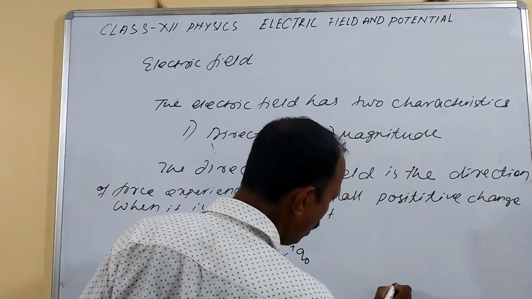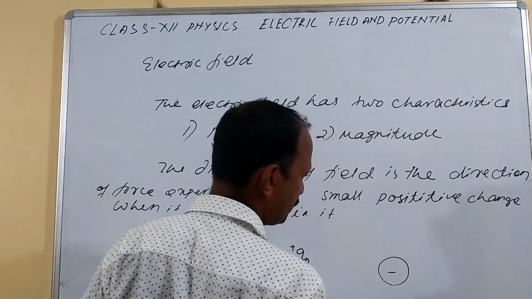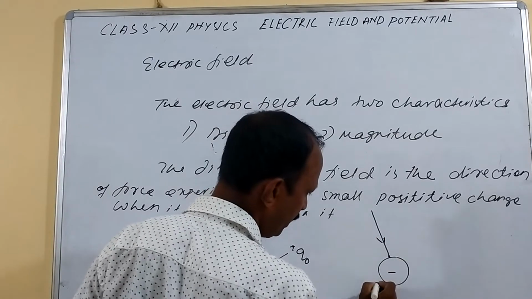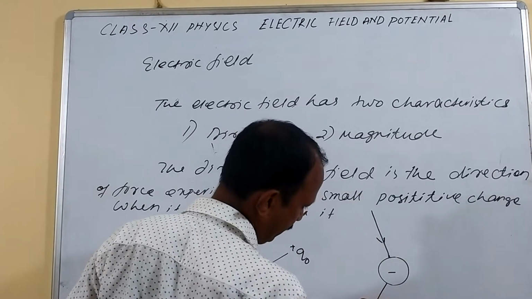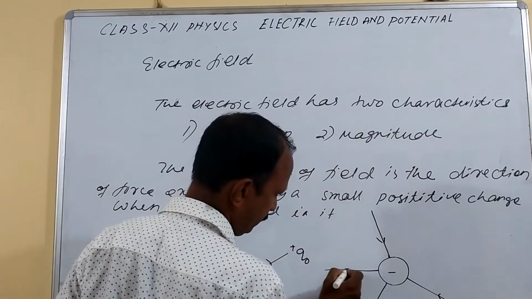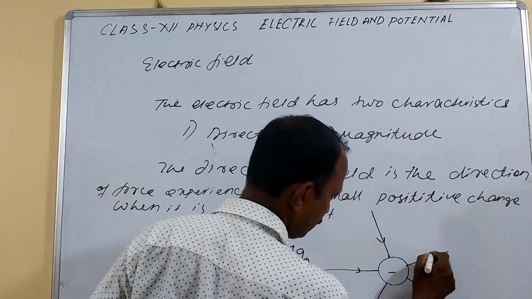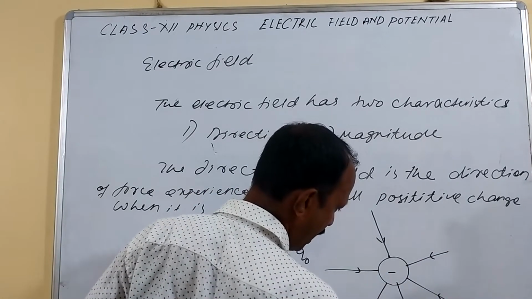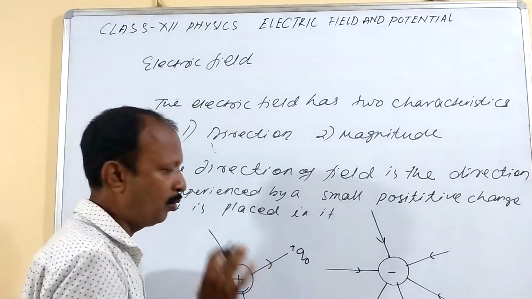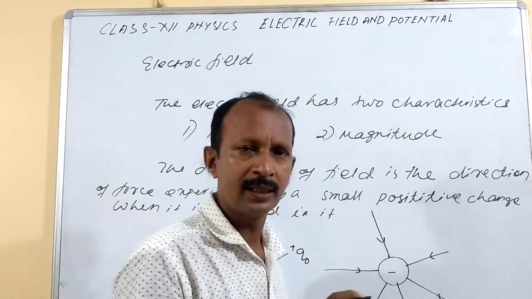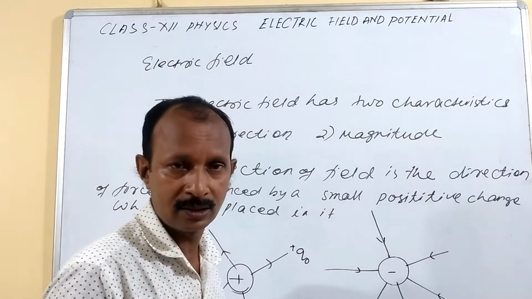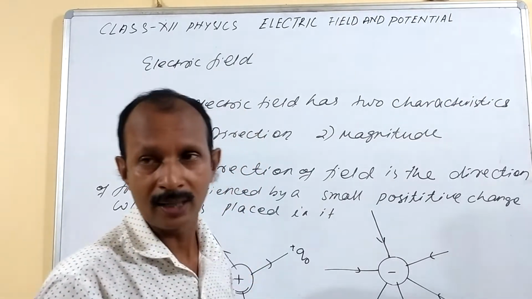If the source charge is negative, then the direction of the field will be towards it, because it will attract the positive charge. Here it will repel, that's why it is outwards. Here it will attract, that's why the direction of the field is towards, or you can say inwards.